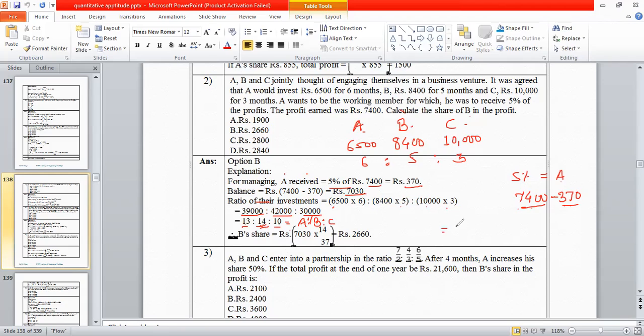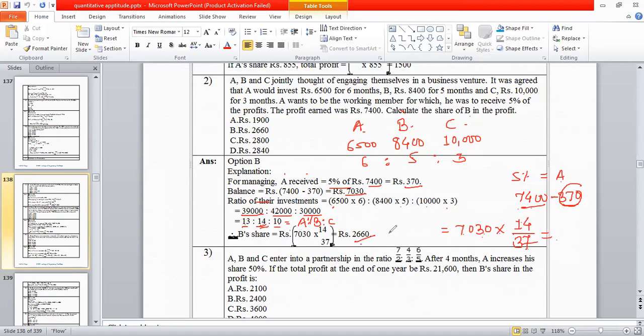So the remaining amount is 7,030 after removing the share of A. Okay, 7,030 into the ratio of B, that is 14 out of 37. By adding 13 plus 14 plus 10, it gives 37. So how much amount are we getting here? 7,030 into 14 divided by 37 is equal to, calculate this.